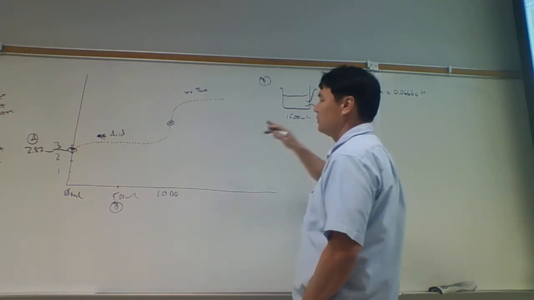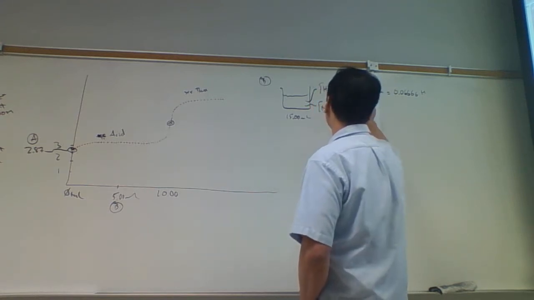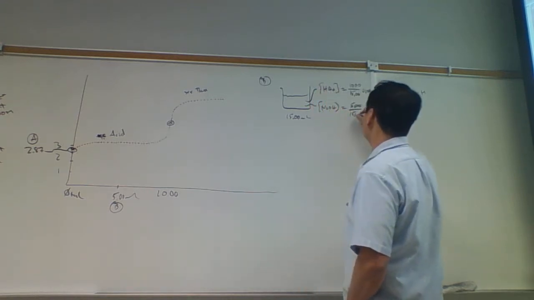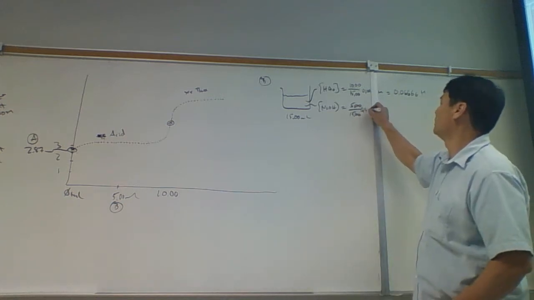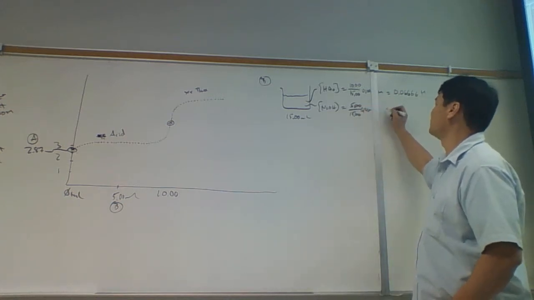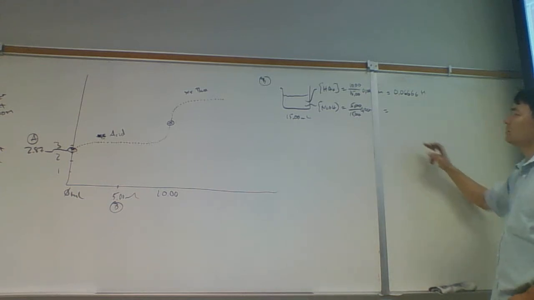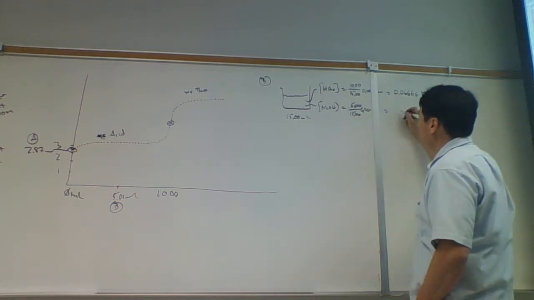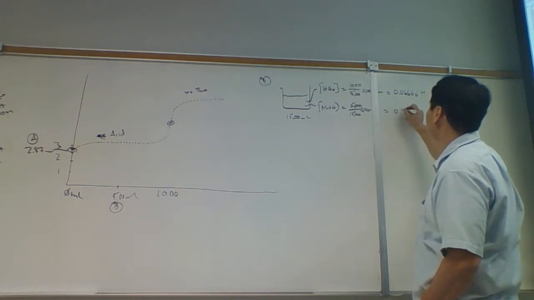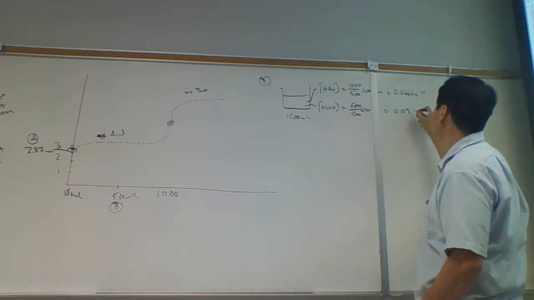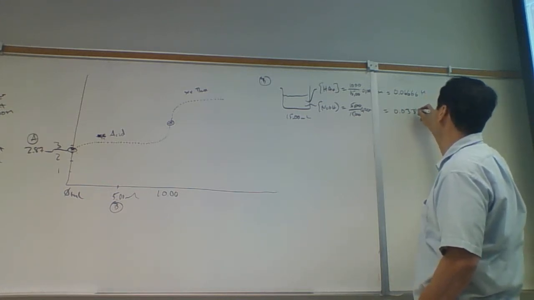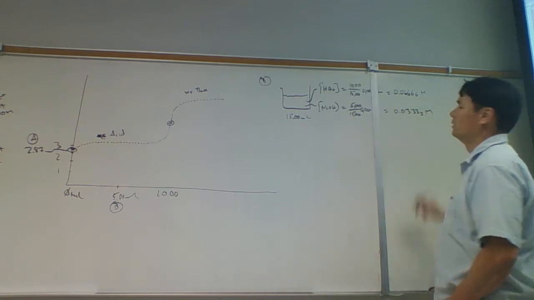The sodium hydroxide, we just put in 5 milliliters and diluted it to 15. And that's 0.100 molar also. So that's going to be a 1/3 dilution, so 0.03333 molar.